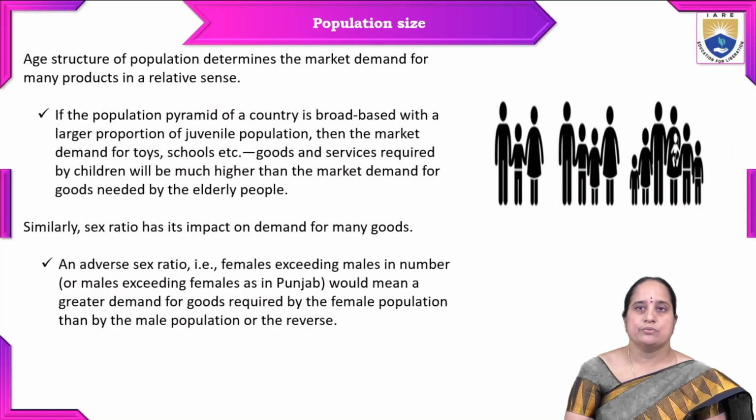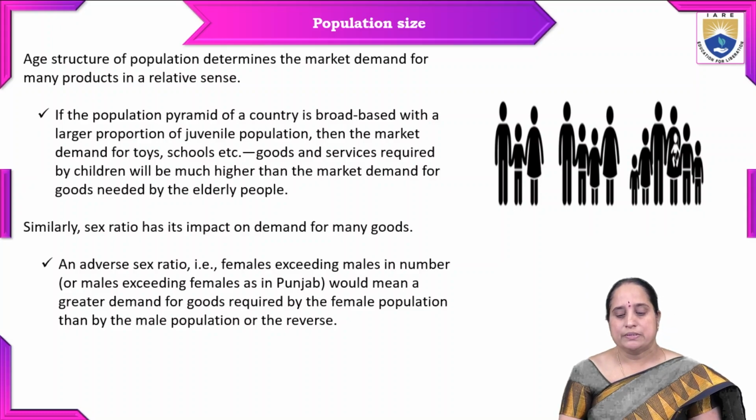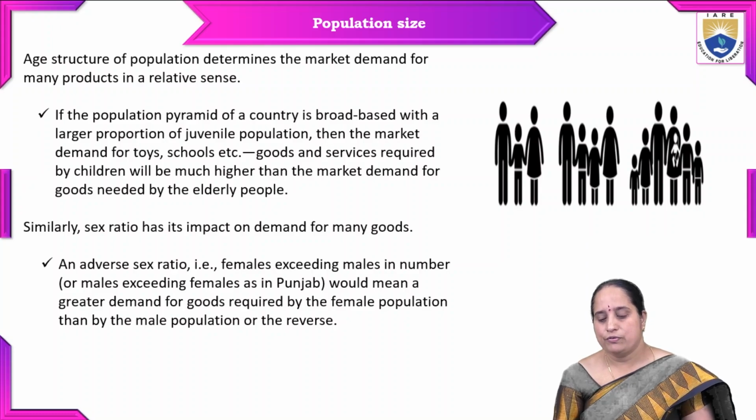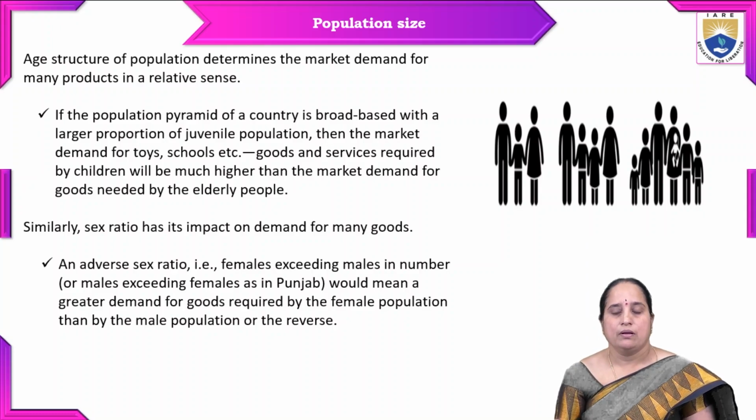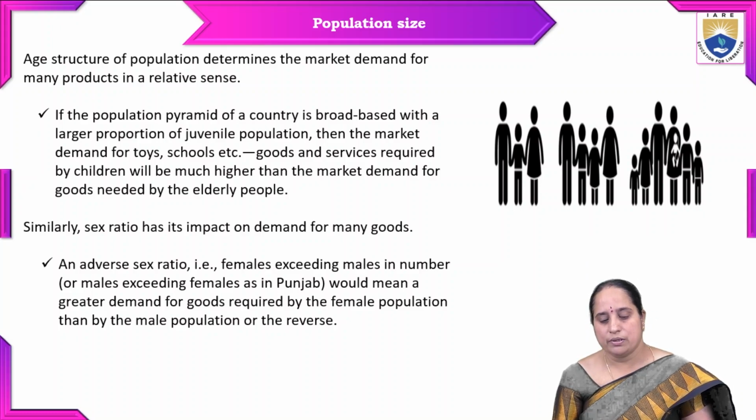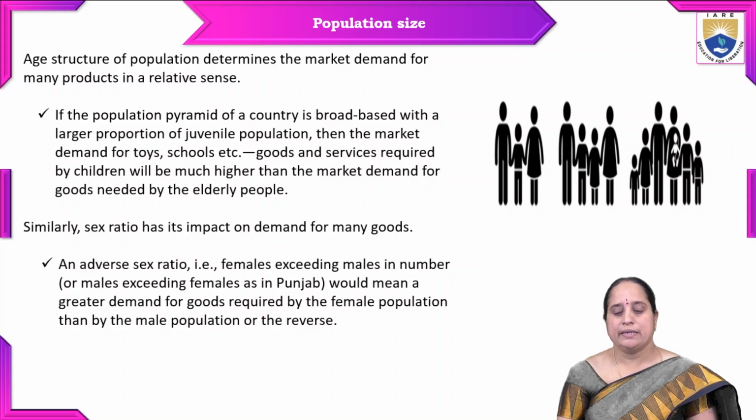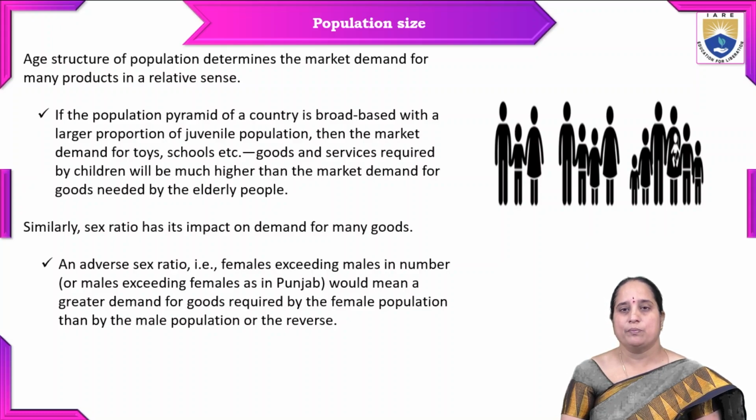So the age also influences the purchasing decisions of a consumer. Similarly, the sex ratio has its impact on demand for many goods. An adverse sex ratio, that is females exceeding males in number, would mean greater demand for goods required by the female population than by the male population and vice versa.